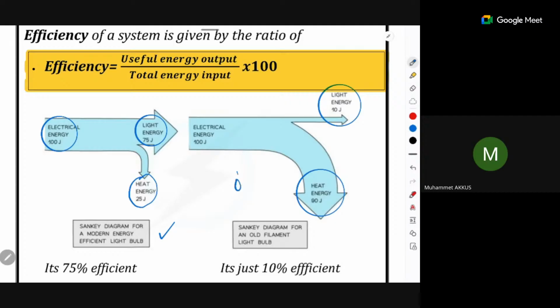This is the old bulb. You remember those yellow bulbs, filament lamps? They were getting heated a lot, but their light was not too much. But these are the energy savers.